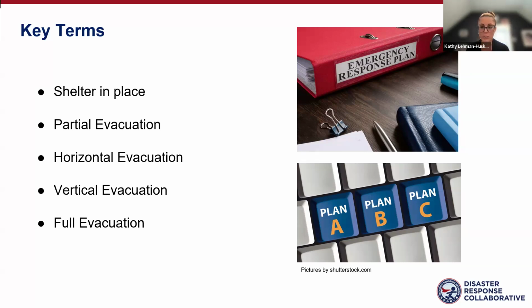Examples of an emergent partial evacuation would be any sort of fire or smoke event where you had to move to the next smoke compartment. A controlled partial, and unfortunately, I feel like this happens in hospitals more than any of us want it to, is that really gross smell, whether it's a sewage backup or what have you.